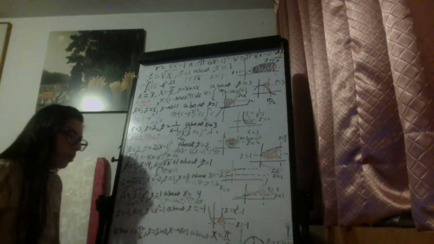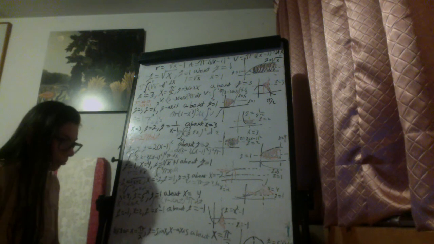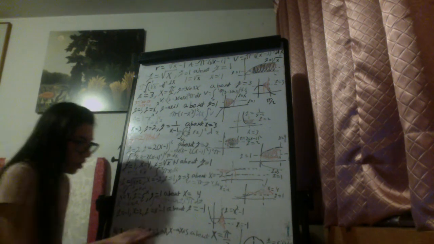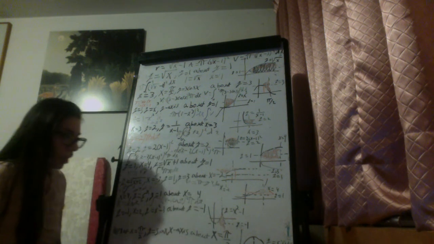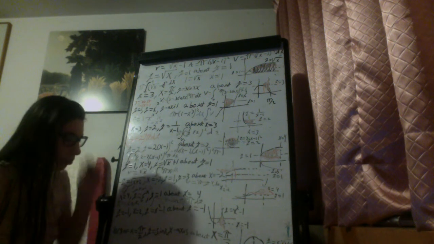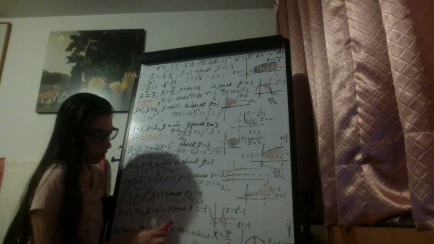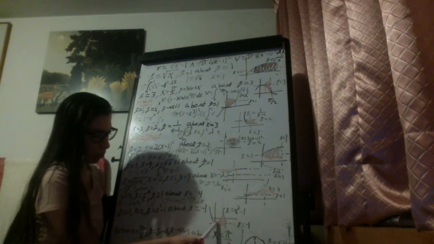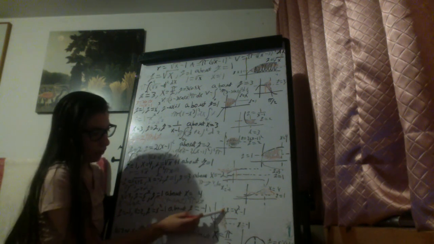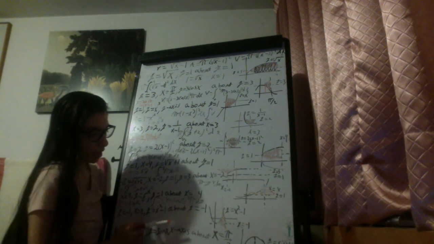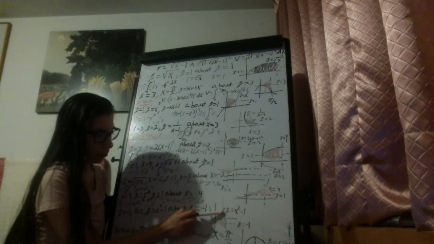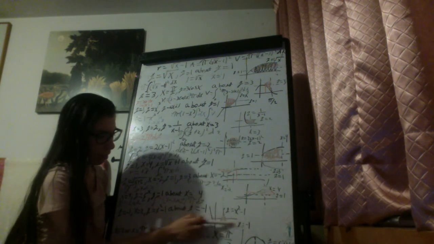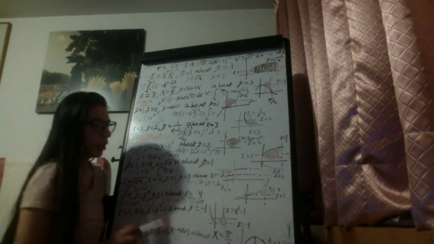This would be our volume, or our solid. So now the discs will go like this. The radius of the disc is the distance between y equals minus 1 and the function. So we subtract y equals minus 1 from the function.